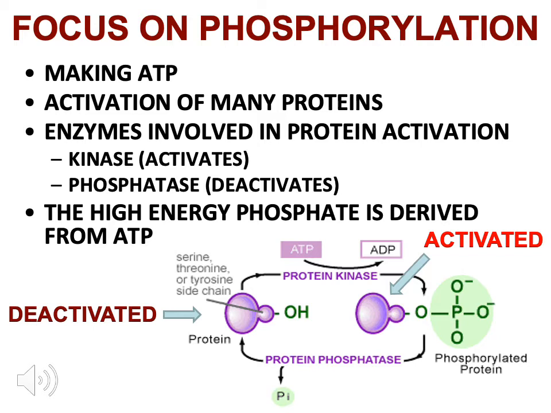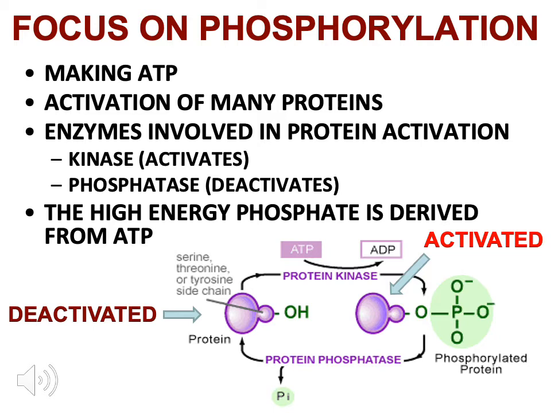Take a look at the illustration below. You will see a deactivated protein, purple thing on the left. Follow the arrow. You'll see a protein kinase illustrated across the top, at which point you see that ATP is being converted to ADP. What we're going to do is take that third phosphate from the ATP, and it's a high-energy phosphate, and we're going to add it to our protein.